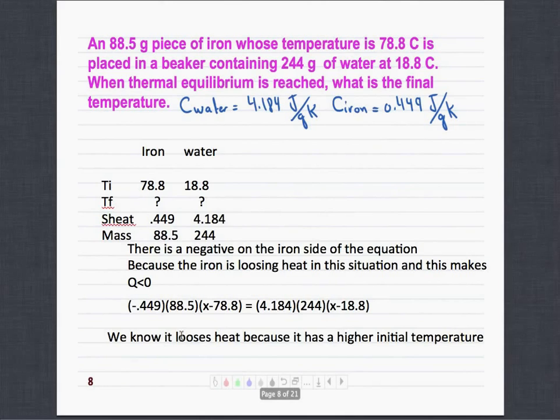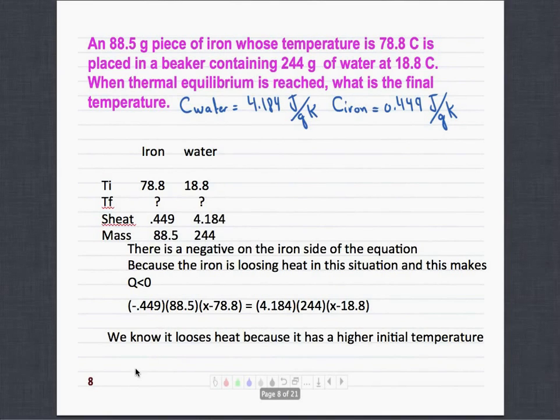So for the water, it is 120 times T final minus 18.8 Celsius, equal to minus 88.5 times 0.397 multiplied by T final minus 78.8 Celsius.